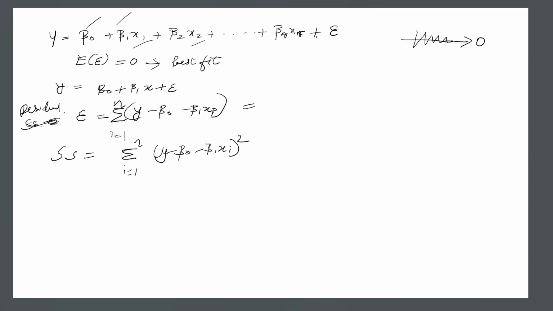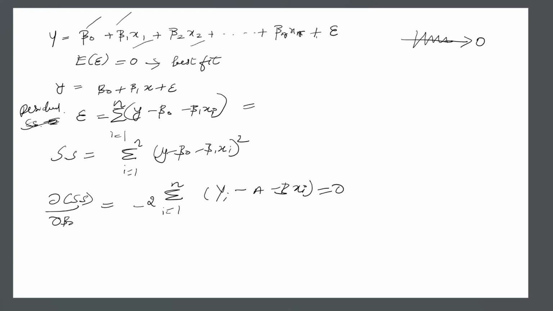We do it with respect to beta naught first. That results in minus 2 into the summation from i equals 1 to n of yi minus a minus b into xi. For minimizing, we equate it to 0.